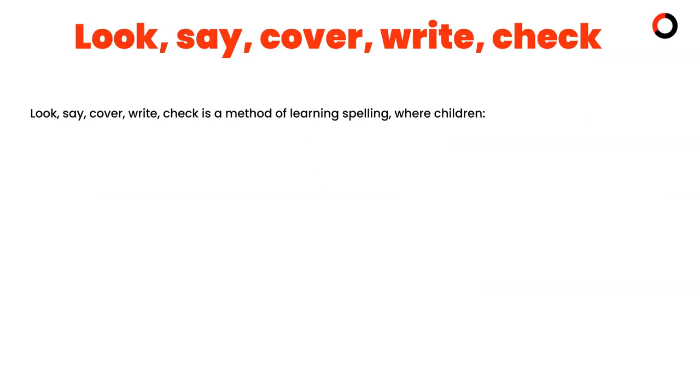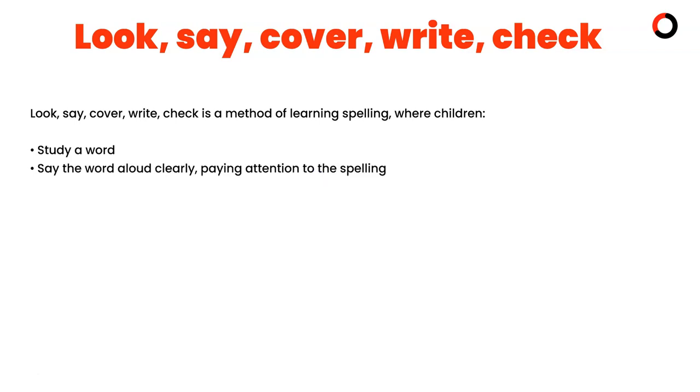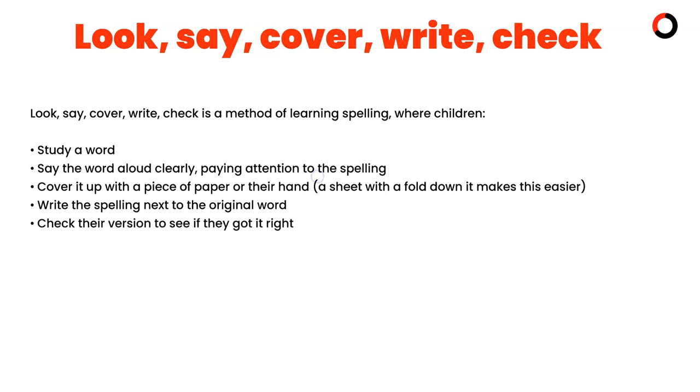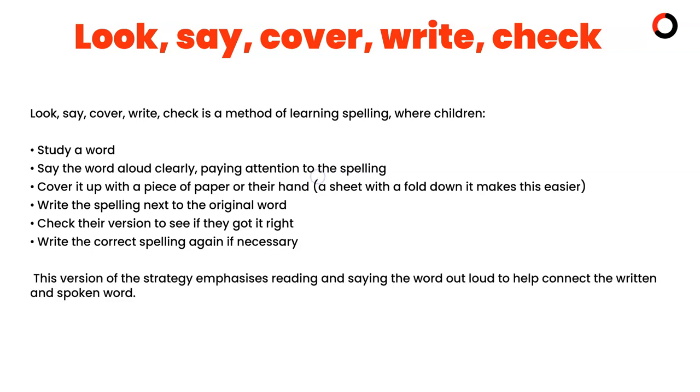It uses the look, say, cover, write, check method of learning spelling, where children study a word, say the word aloud clearly, paying attention to the spelling, cover it up with a piece of paper or their hand, write the spelling next to the original word, check their version to see if they got it right, and then write the correct spelling again if necessary. This version of the strategy emphasizes reading and saying the word aloud to help connect the written and spoken word.